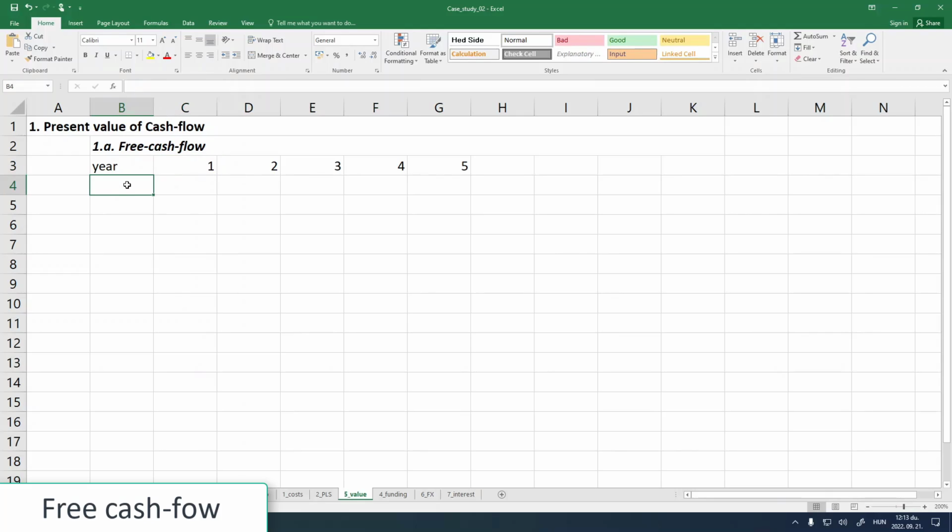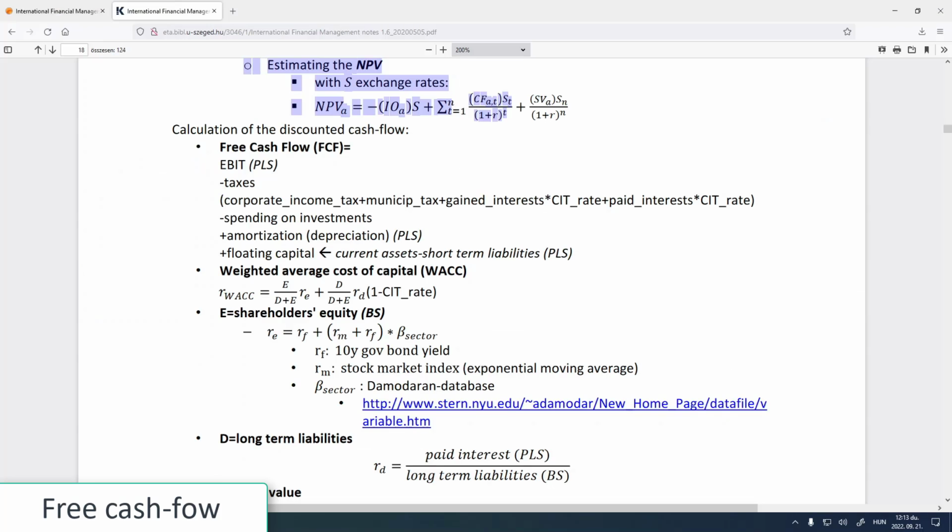Okay, so in the case of free cash flow, we have these following steps. First of all, we need EBIT, then we need taxes. Luckily, in the case of taxes, we have only corporate income tax because we have no idea about municipality tax, so we will ignore it.